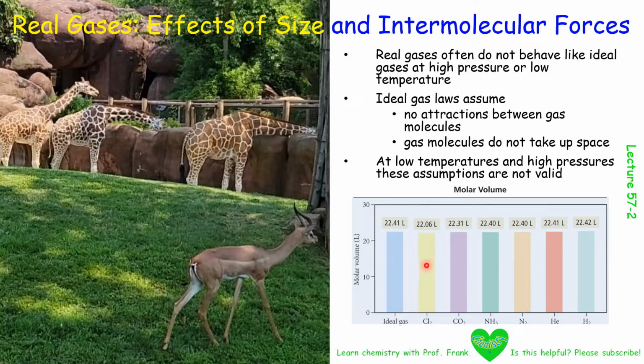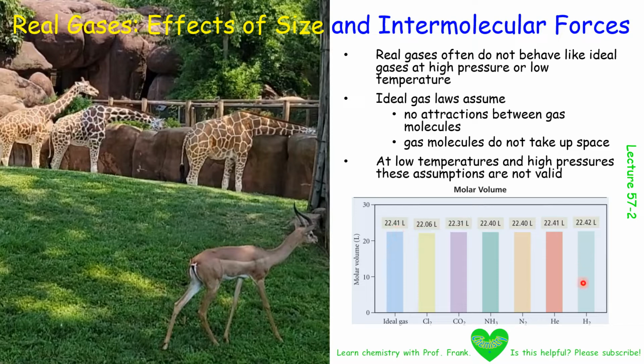However, if you look at those different gases, chlorine has a molar volume of 22.06 liters, CO2 is 22.31, and they all deviate from the molar volume of ideal gases.